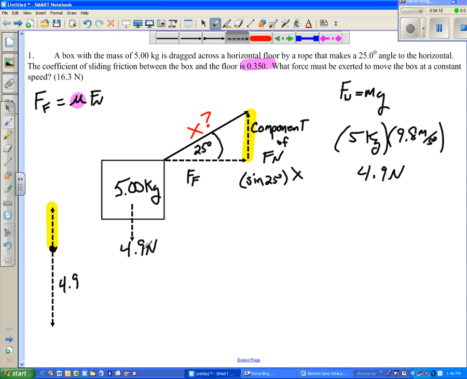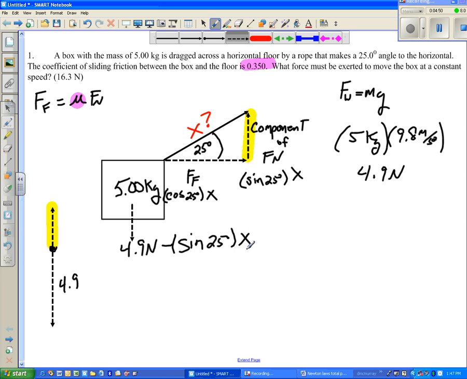And so what is this but 4.9 minus the sine of 25 degrees times x? Now we can think in a similar vein for the force of friction, whereas we can't solve the force of friction outright because we don't know what x is, and x is the hypotenuse. So what we're going to call the force of friction is the cosine of 25 degrees times x.